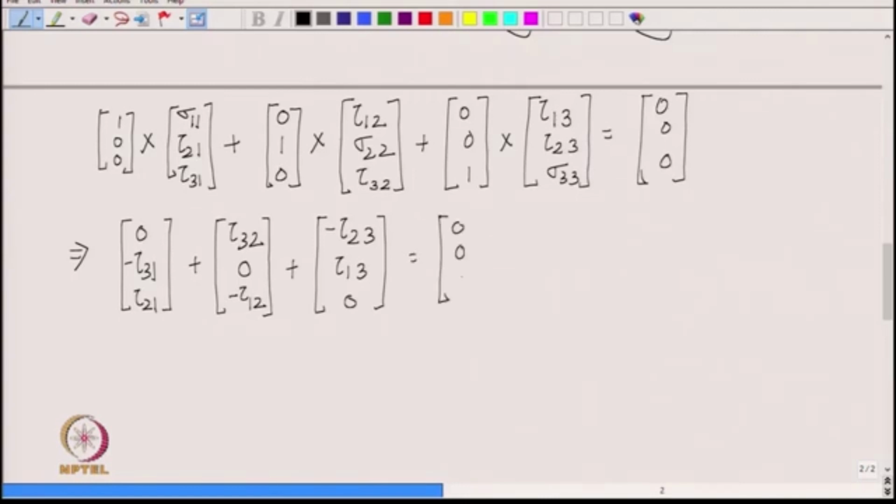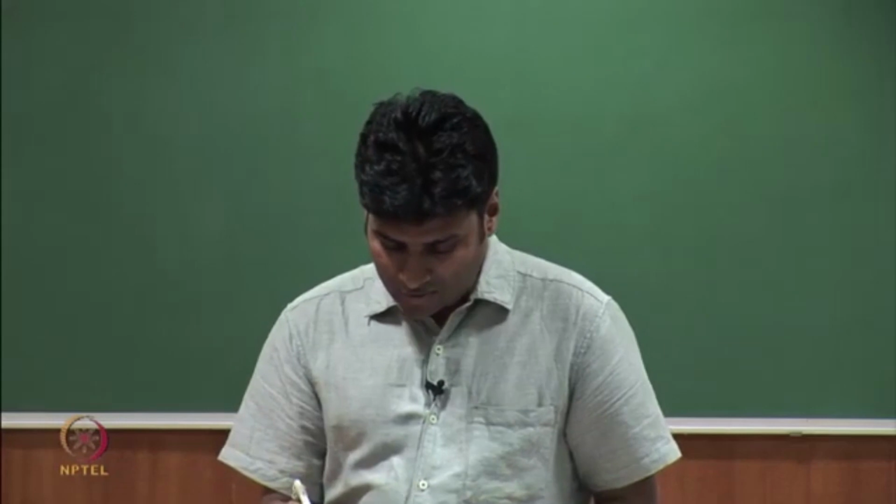So, you see we get 3 conditions from here, which implies that tau 3 2 is equal to tau 2 3. Similarly, tau 3 1 is equal to tau 1 3 and tau 2 1 is equal to tau 1 2, which is basically saying that the stress matrix has to be symmetric.